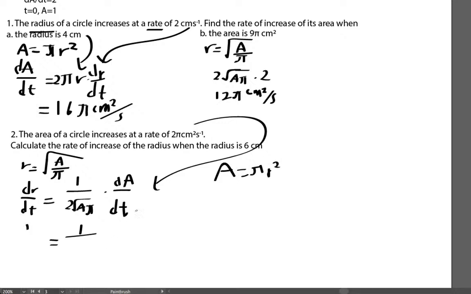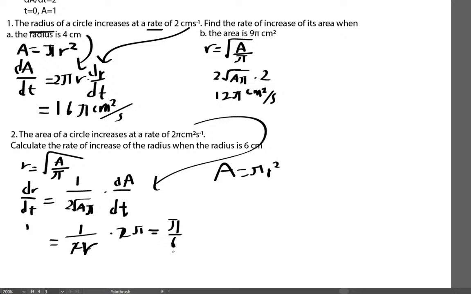So when you plug the numbers in, that would be 1 over 2r instead, and this here is 2 pi, so you can just cross that out, because you're the lucky guy. And then when the radius is 6, the rate of change is pi over 6.